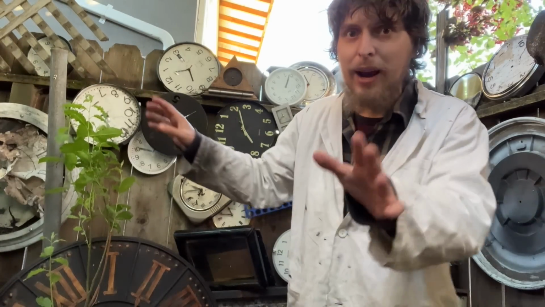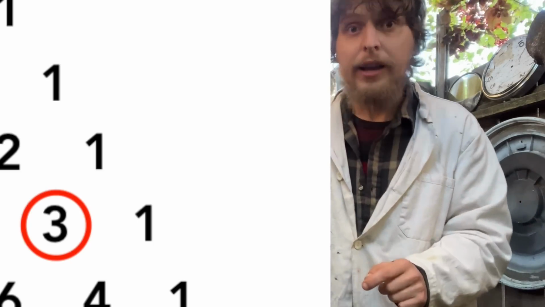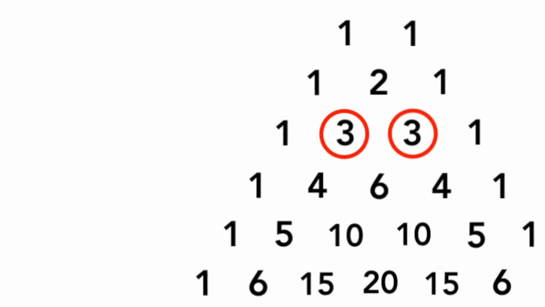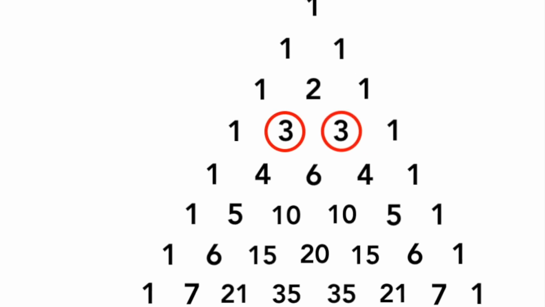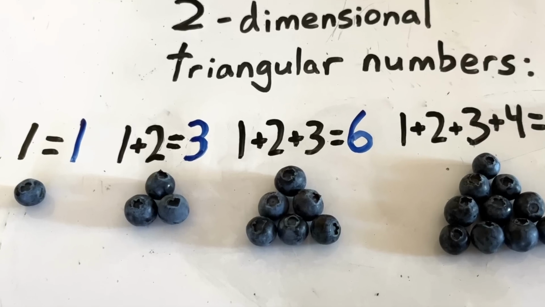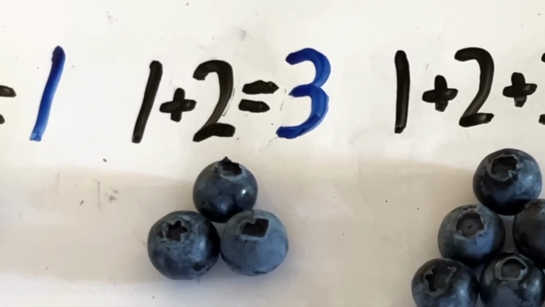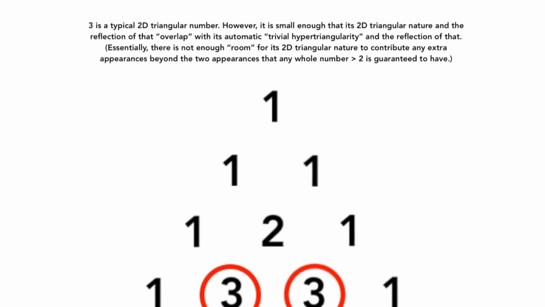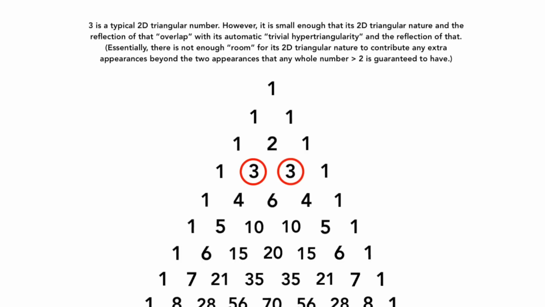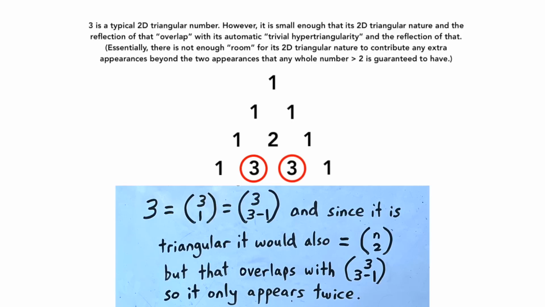Another notable example is the number 3. 3 is large enough that its trivial hypertriangularity does have a separate reflection we'll see here, but it's small enough that the fact that it is a regular 2D triangular number doesn't have room to contribute anything extra. That overlaps with its trivial hypertriangularity at this size.